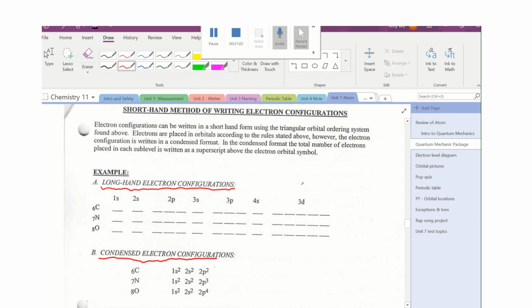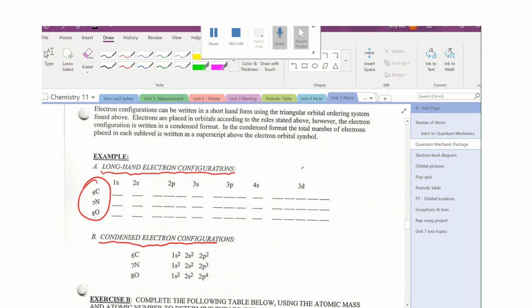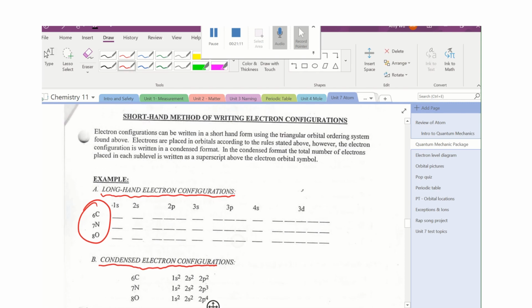Okay, so for example, the ones that we just did for carbon, nitrogen, and oxygen, I'm not going to repeat here. Instead of writing arrows, I'm going to do this one. 1s2, so there are two here, and then there are two here, right? 6 electrons for carbon. So instead of writing arrows, we can write a shorter way like this, okay? This number here is basically the number of electrons in that orbital.